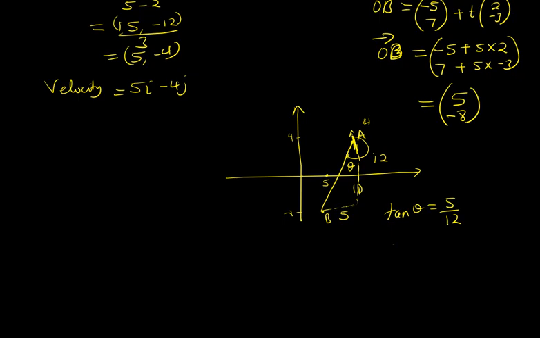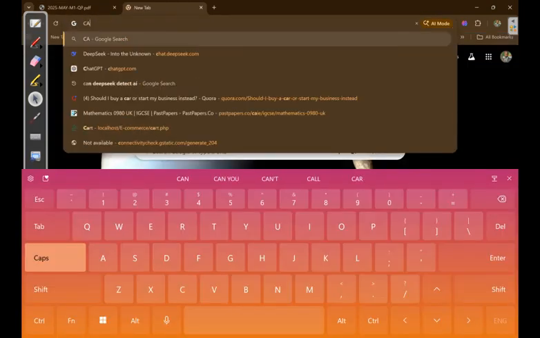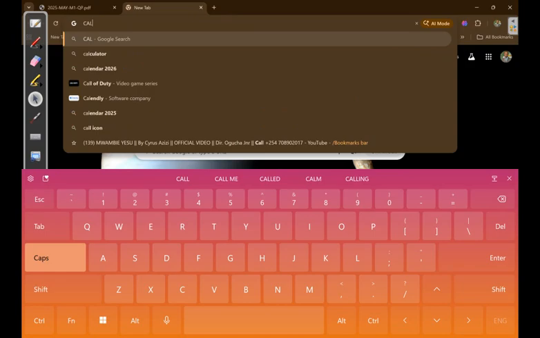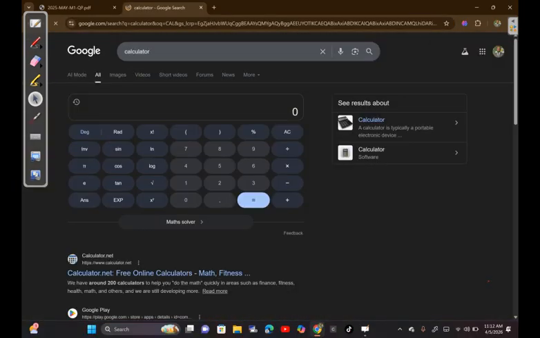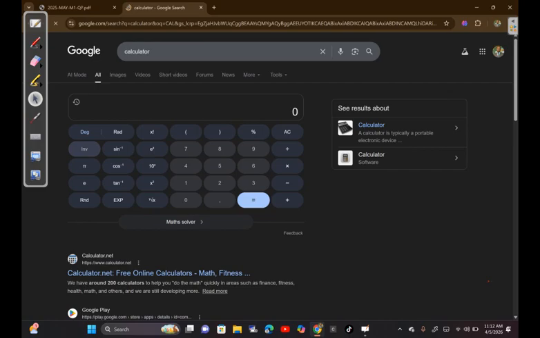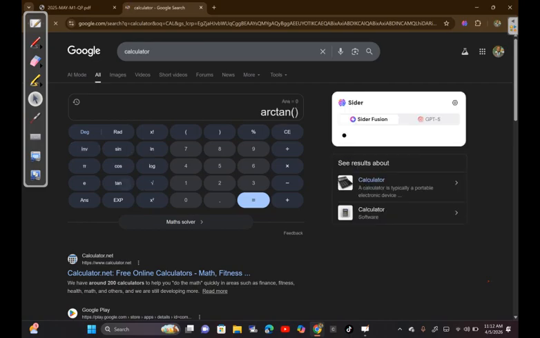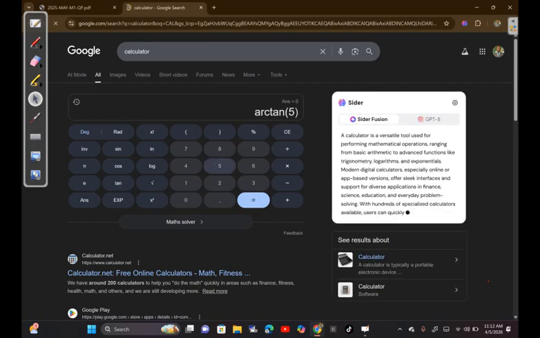So I'll get the calculator here. Inverse tan of 5 over 12, and then press the equal sign. We are getting 22.6 degrees.